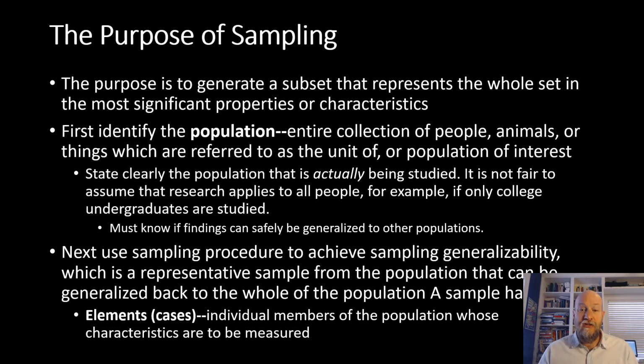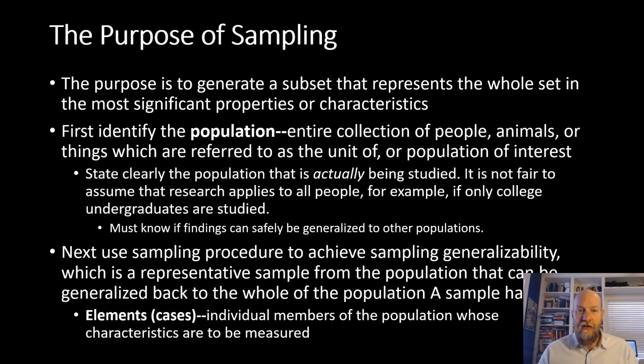But as you can imagine, if the only people that you're studying are undergraduate college students, or even more specifically, psychology students that are undergraduates, that's the population that you're looking at. And if you want to generalize to a larger population, you have to make some points of argument along the way to come to that conclusion.